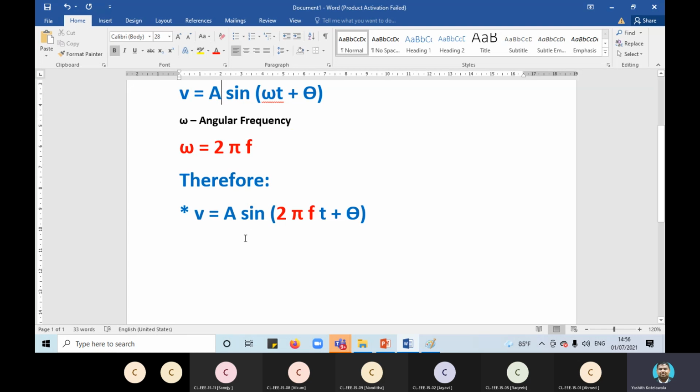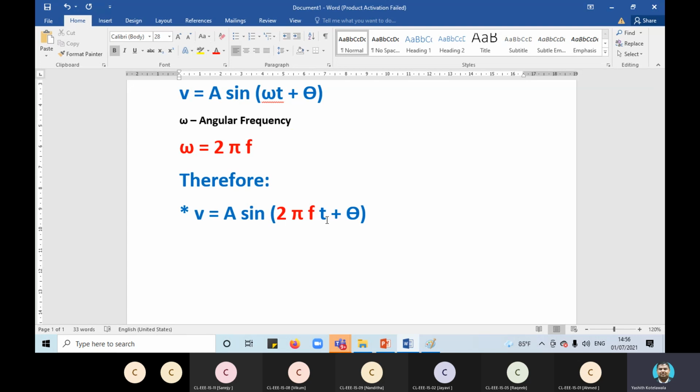Then we have the sine ratio, and within brackets 2 pi f, that means omega, times t. Simple t is the time of observation, not capital T.